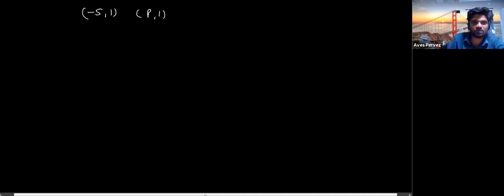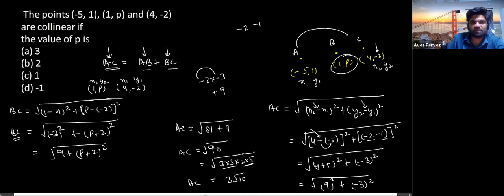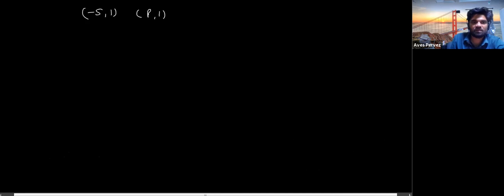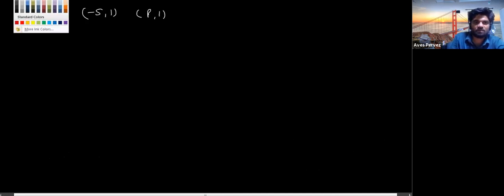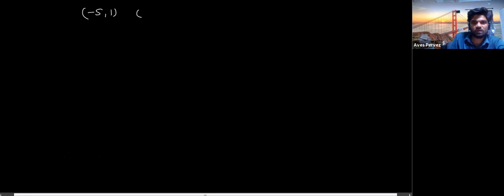Let me check once more. It is minus 5 comma 1, and B is 1 comma P, not P comma 1. That is 1 comma P. Okay, this is A and this is B.